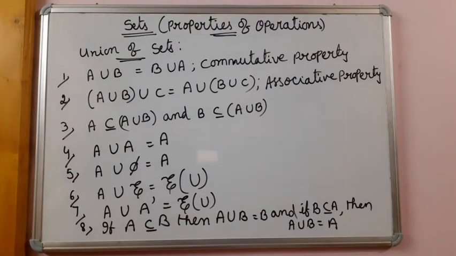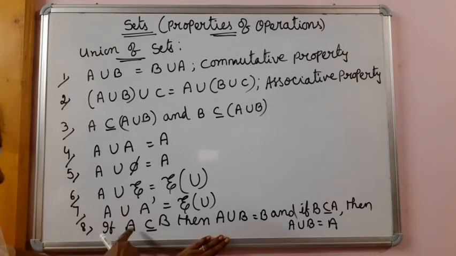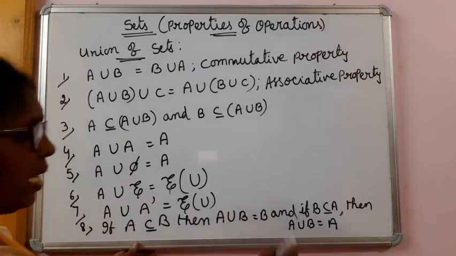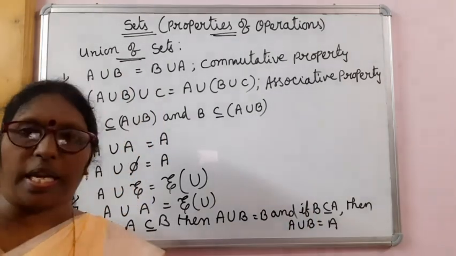If A is a subset of B, every element of A is present in B, then A union B will be B. If B is a subset of A, then A union B will be equal to A.